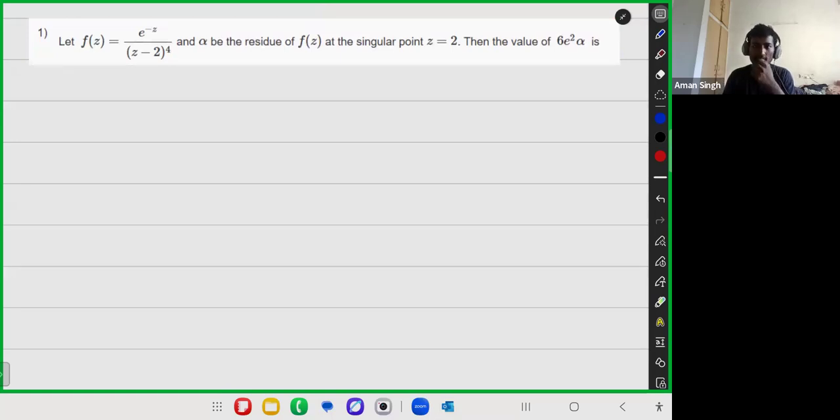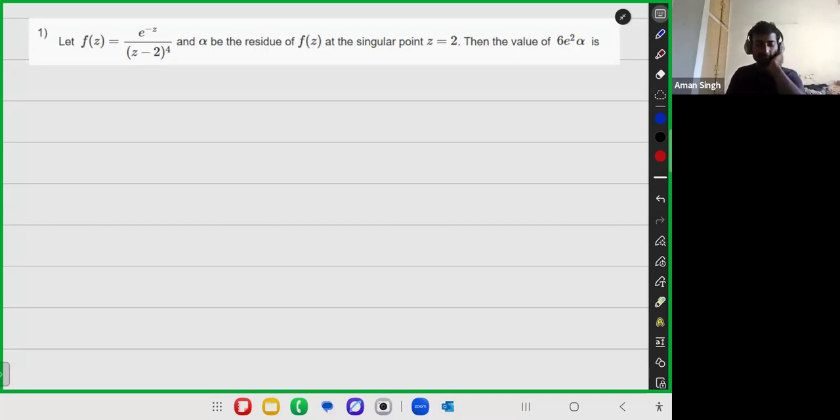Here we have our first question. Let f(z) be e to the power minus z divided by (z minus 2) to the power 4, and alpha be the residue of f(z) at the singular point z equal to 2. Then the value of 6 e squared times alpha is? So we have to calculate what exactly this alpha, the residue, is.